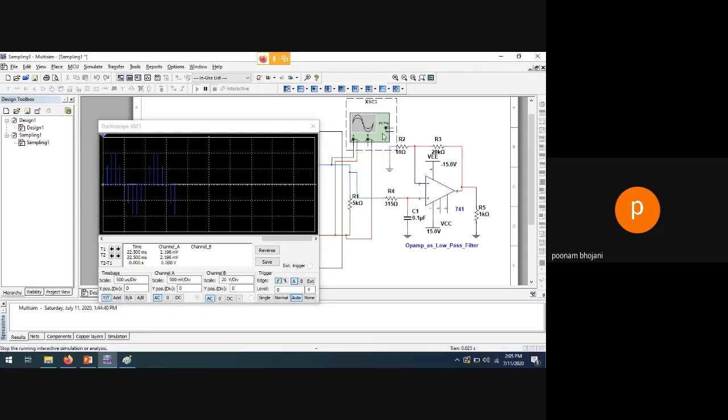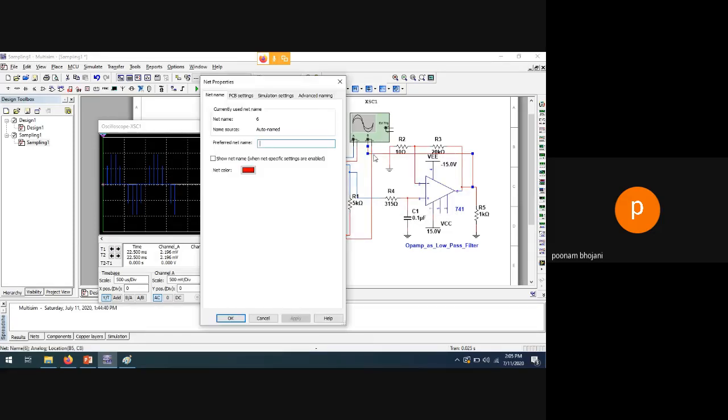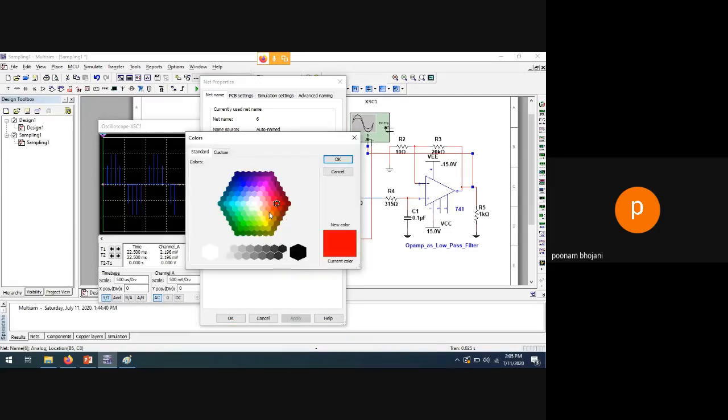So let's check. The B channel of the oscilloscope is connected with the output of this operational amplifier. And now let me select this wire color, green.